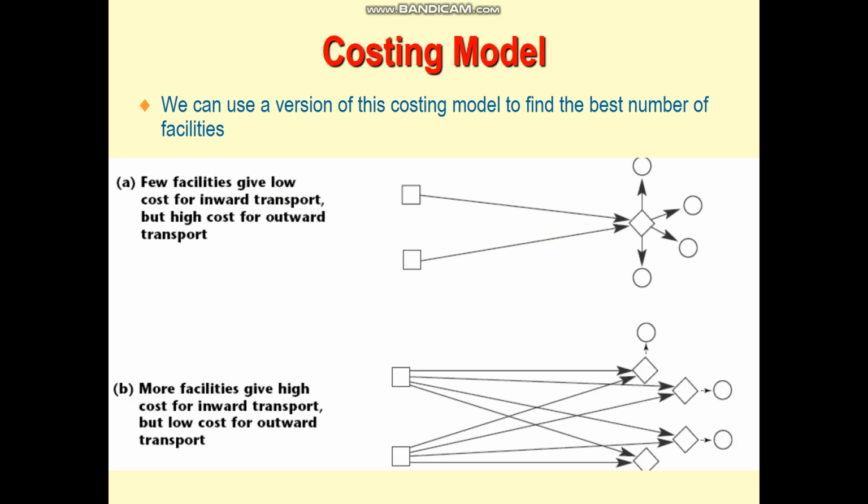Another application of the costing model is that we can use it to find the best number of facilities. As we can see here, let's say this is supplier and this is customer.